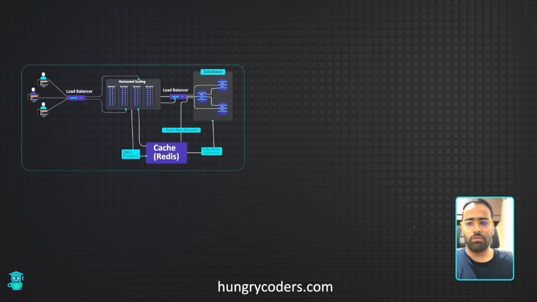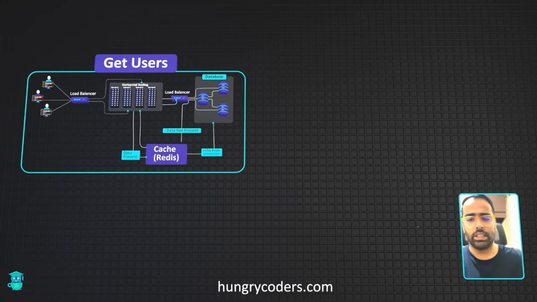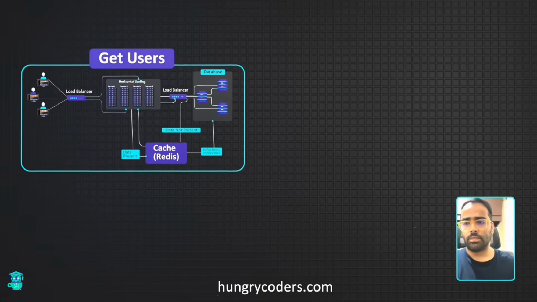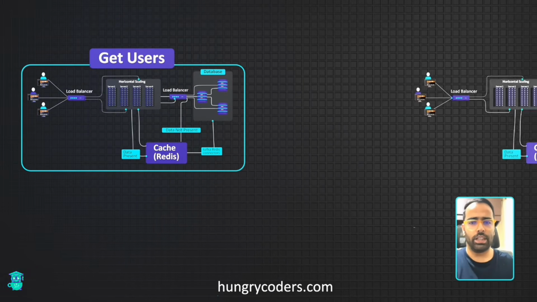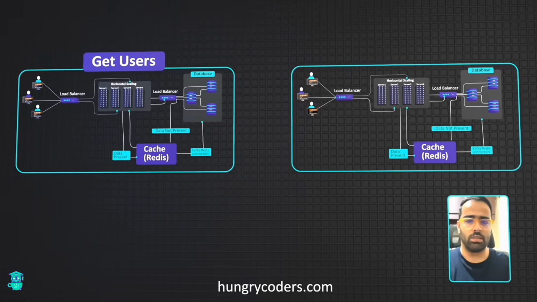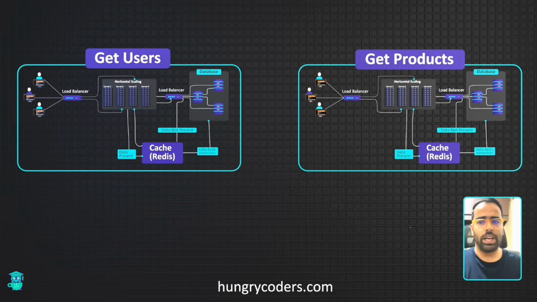Let's say this is your first microservice, which you call, let's say, get users. And in a similar way you will have other microservices. You can call one get accounts, or get products. Each microservice should have its own architecture like this.